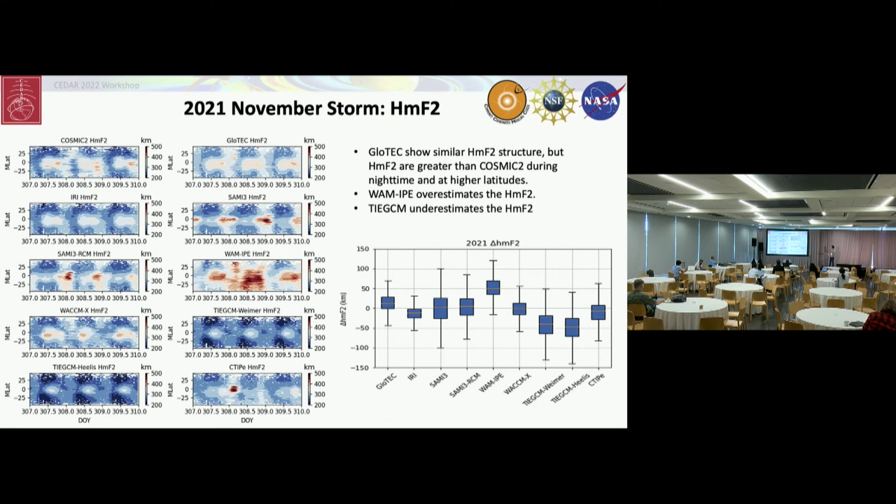We also find that for the CTIP here, the value is too large compared with COSMIC 2, and for the TIEGCM here, the value is too small compared with COSMIC 2. Here shows the statistics result. Again, I would think that the GROTEC and IRI and also Wacom X seem to show better results in comparison with other models.